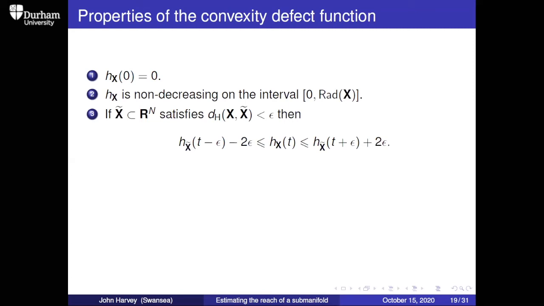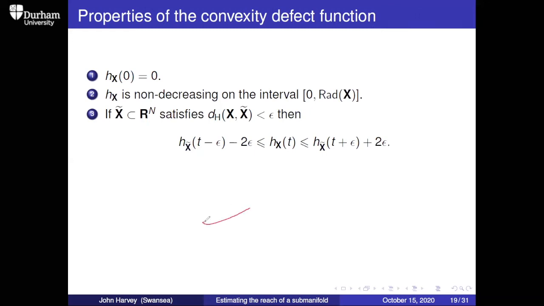So the stability doesn't tell us that h_x tilde of t lies near h_x of t. It just tells us that if we look at a number close enough to t, between t minus epsilon and t plus epsilon, and put that into h_x tilde, then we'll get something close to h_x.